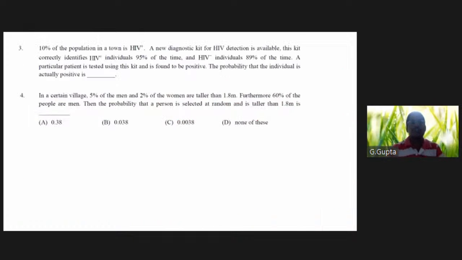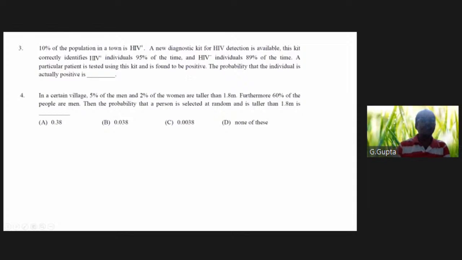Now next question. 10% of the population in a town is HIV plus. A new diagnostic kit for HIV detection is available. This kit correctly identifies HIV plus individuals 95% of the time and HIV minus individuals 89% of the time. A particular patient is tested using this kit and is found to be positive.